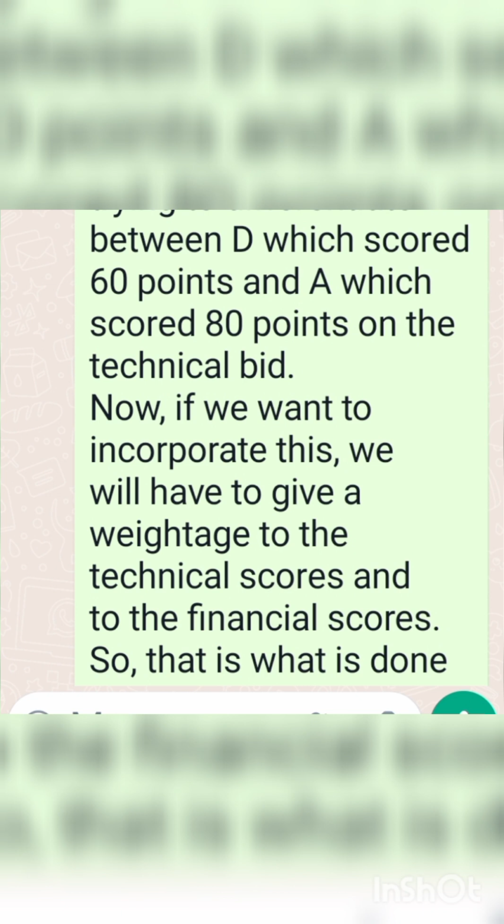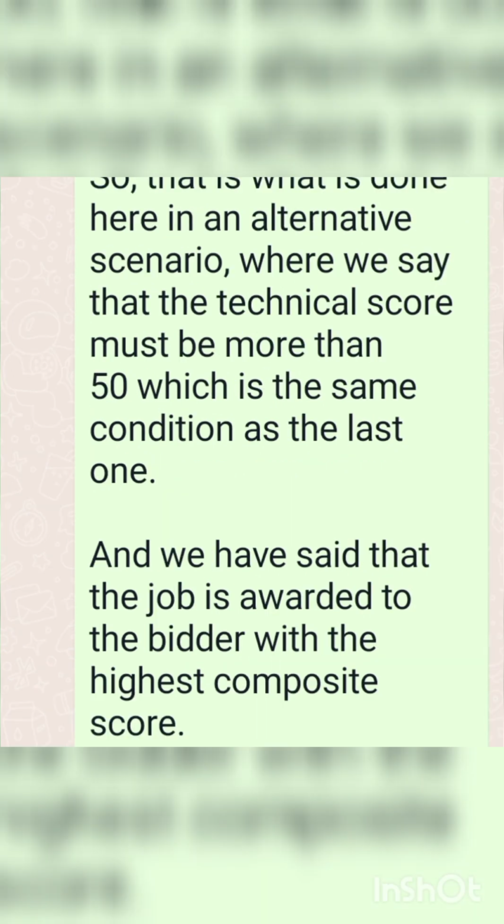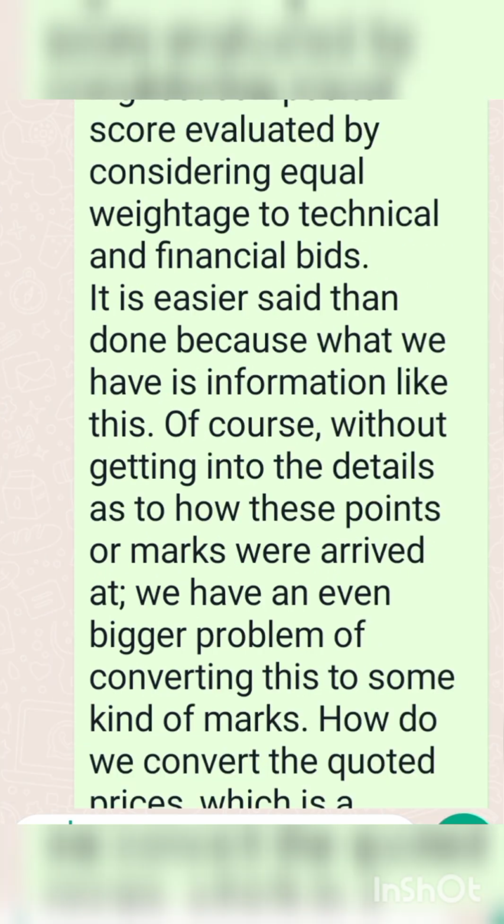Now, if we want to incorporate this, we will have to give a weightage to the technical scores and to the financial scores. So that is what is done in an alternative scenario where we say that the technical score must be more than 50, which is the same condition as the last one, and the job is awarded to the bidder with the highest composite score, evaluated by considering equal weightage to technical and financial bids.